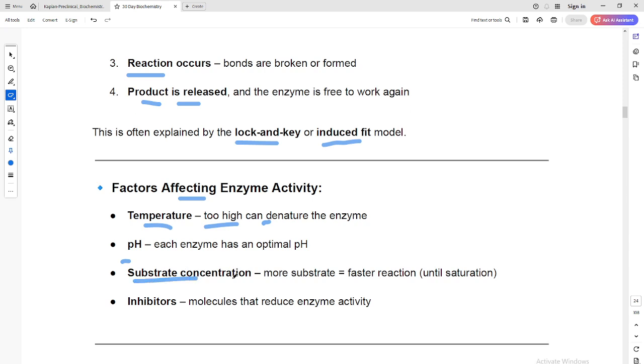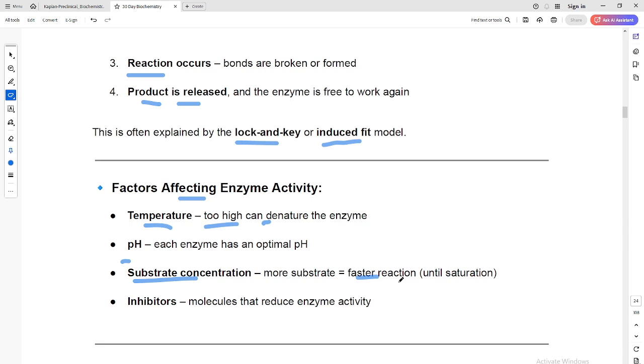Number 3, substrate concentration. The more substrate is available, the faster the reaction, but only until a point at which each molecule of enzyme is saturated with a molecule of substrate.